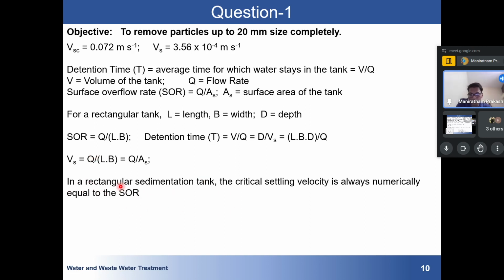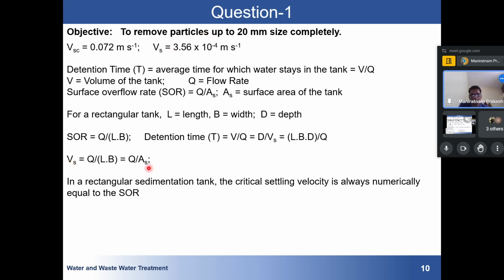We also assume, and it has been seen, that in a rectangular sedimentation tank the critical velocity is always numerically equal to the surface flow rate. So now you are aware of your surface flow rate and your settling velocity.